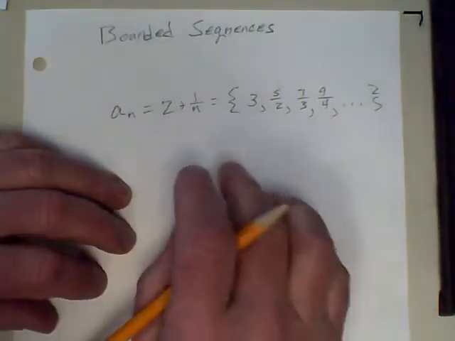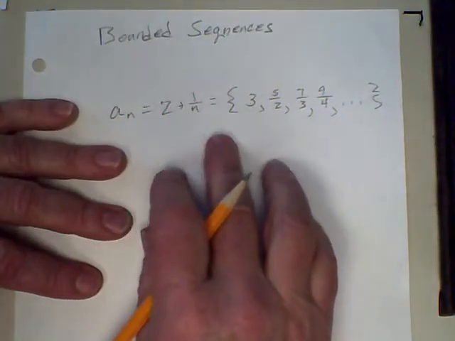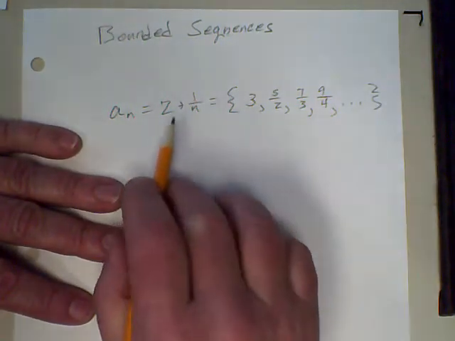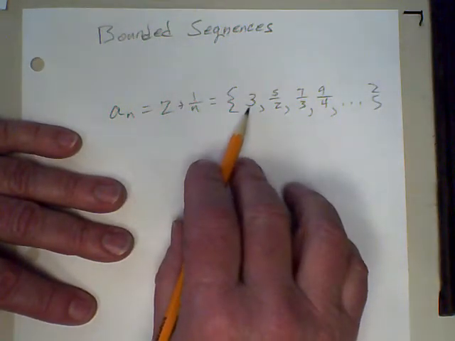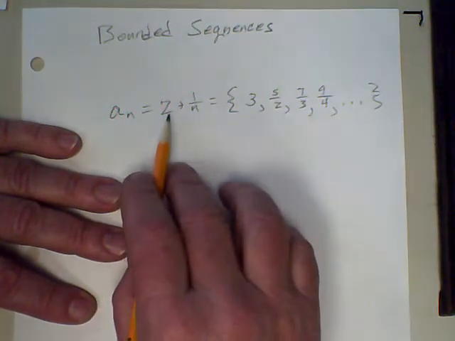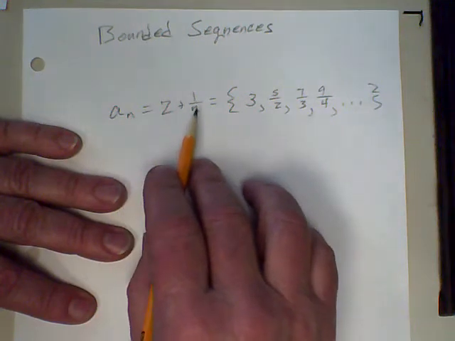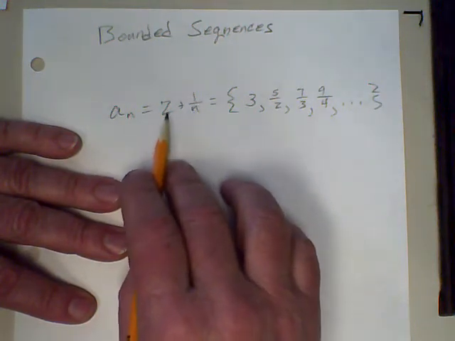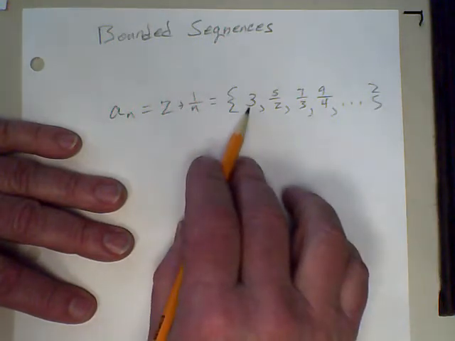So what we want to do now is see, is this sequence bounded from above? And when we look at this number 3 and we consider all these values further on, we see that we're always adding on to 2 a value 1 over n that's getting smaller and smaller. So the first term is the largest term we're ever going to see.